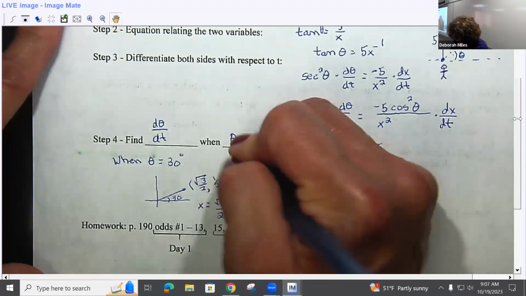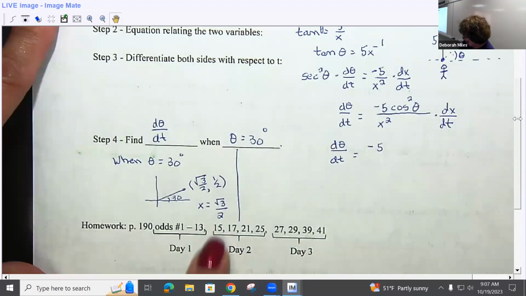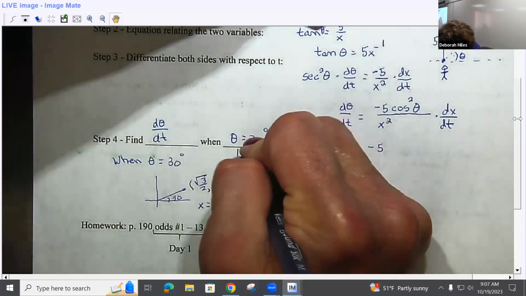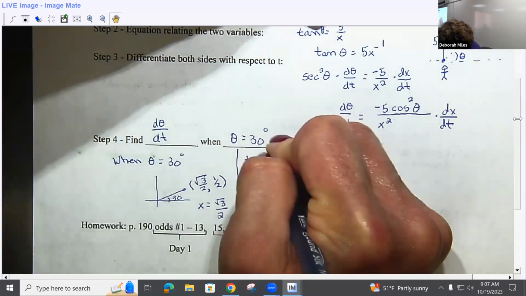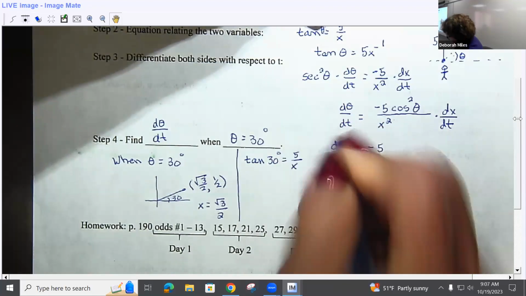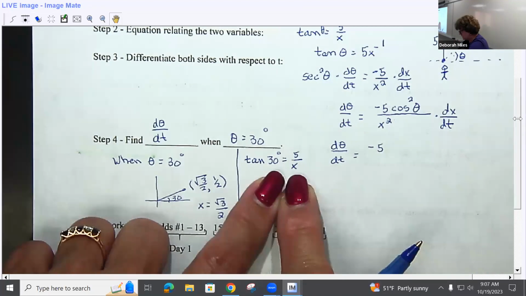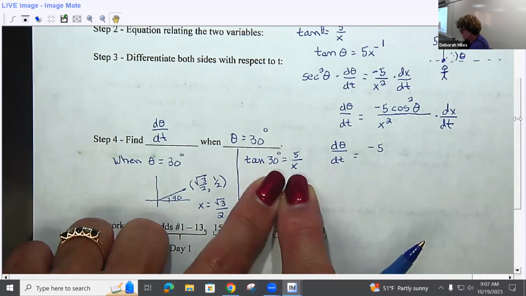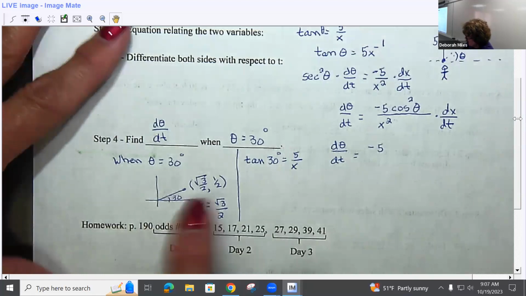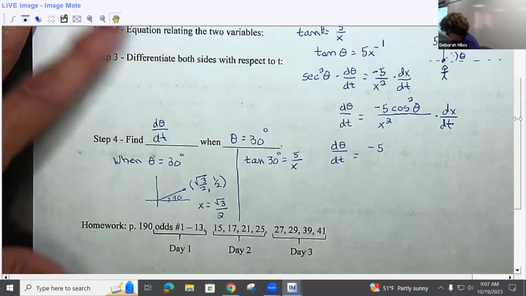So that is one thing we need to know, but the thing we also need to know is tangent 30 degrees equals 5 over x. We need to solve that for x. Now, it's still helpful to me to have this picture. What is tangent of 30 degrees?